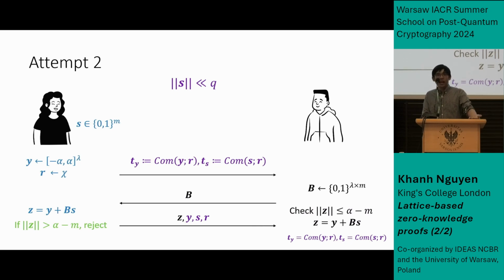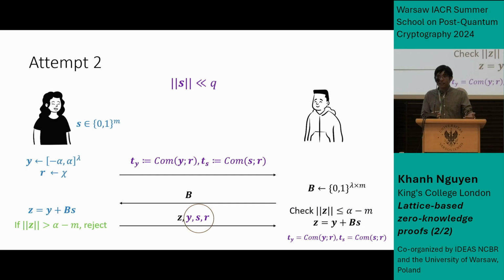I get the challenge B. This attempt is also pointless because I send y and s as usual, but now I send them after getting the challenge. The binding property makes sure that the y and s I reveal will always be the same. It's already fixed, because I already sent the commitments Ty and Ts before seeing the challenge B.